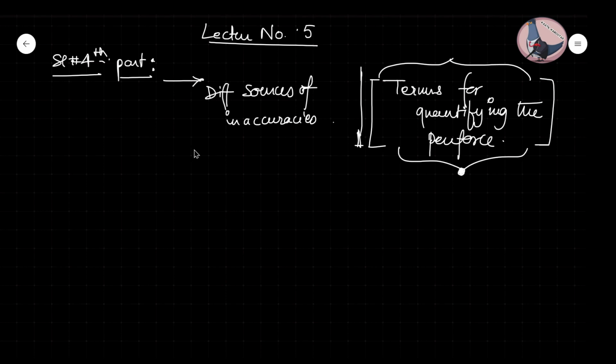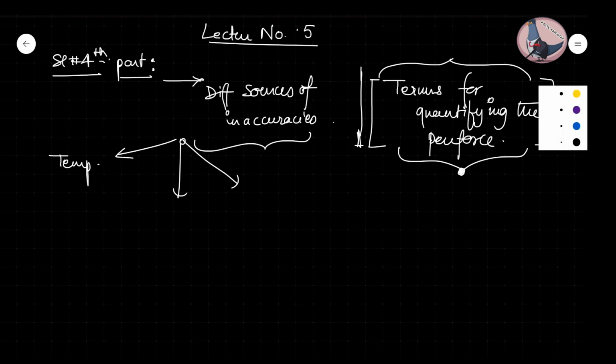Okay, so these sources of inaccuracy in CMM are in general coming from three types. The first type is, not temperature, I should say, due to your environmental conditions.